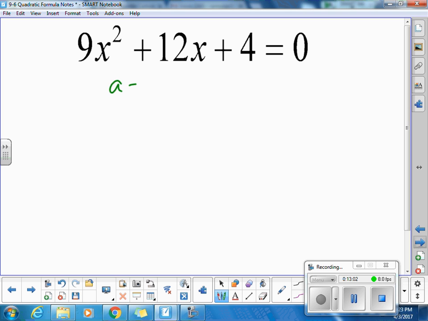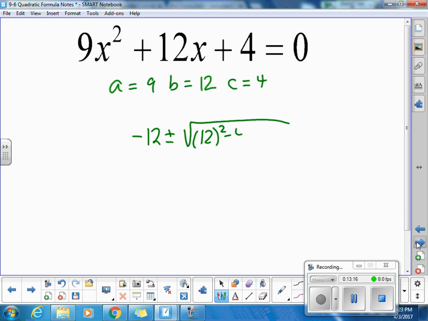So my A is 9, B is 12, C is 4. Opposite of B, plus minus the square root of B squared minus 4 times A times C all over 2A.